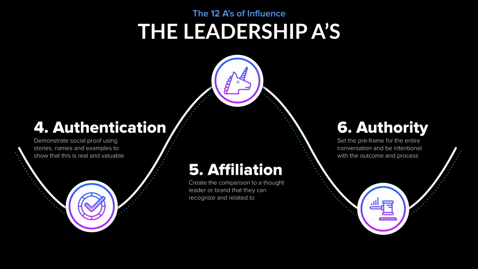One of the most powerful ways to do that is to set a pre-frame which establishes the parameters for the context of the conversation. The one who sets the parameters of the conversation then automatically and unconsciously becomes the leader of the conversation. One of the ways to do this is simply set the pre-frame before every conversation. A pre-frame could look like, in this conversation, here are the things that we're going to cover, John. Is that okay? That simply shows that you are the one that's going to lead the conversation.